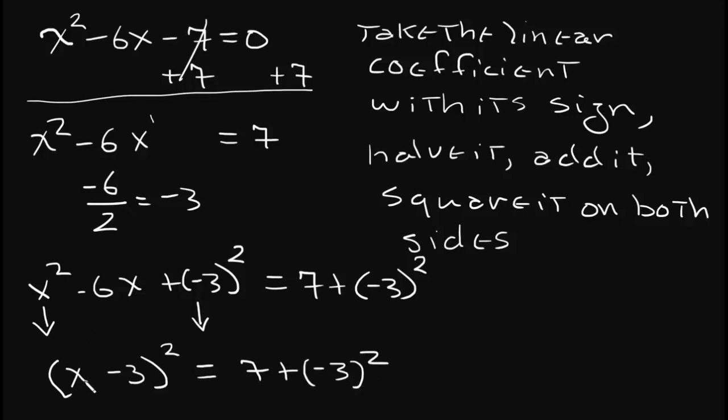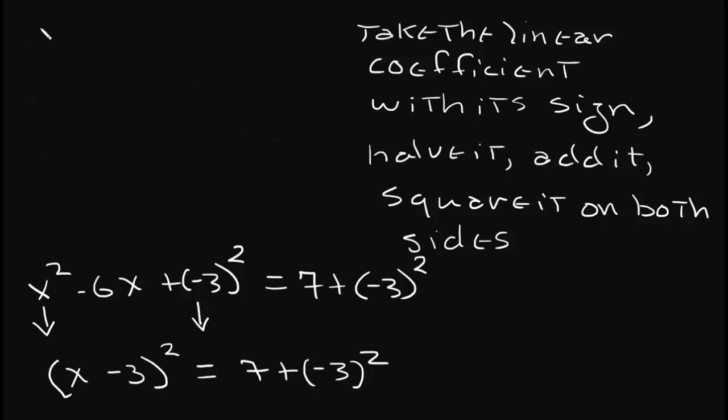Now, how do we know that x minus 3 squared is really equal to x squared minus 6x plus negative 3 squared? If we write out the x minus 3 squared, x minus 3 times x minus 3, write it out in full, and then we FOIL it, we'll get x times x is x squared. The outside ones, x and negative 3, will give us negative 3x.